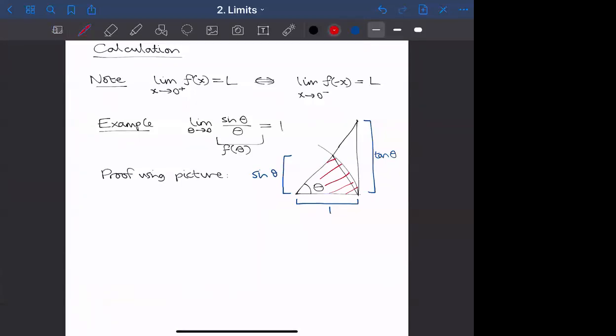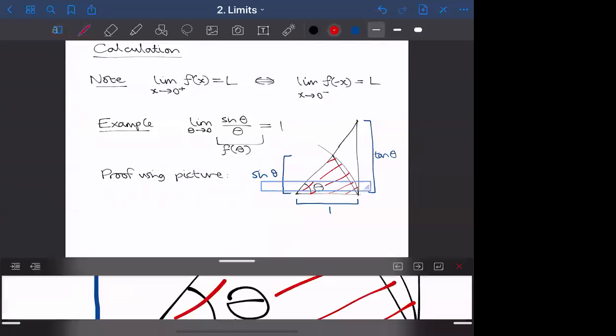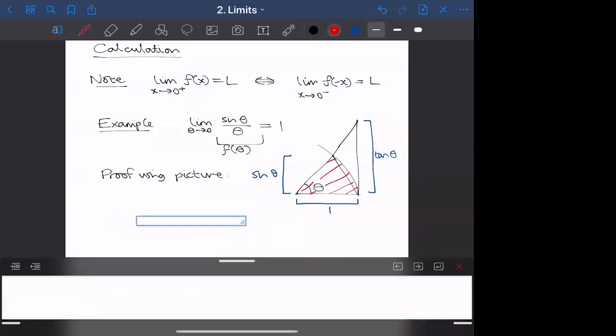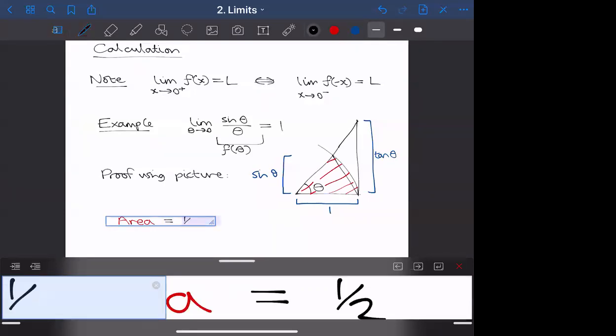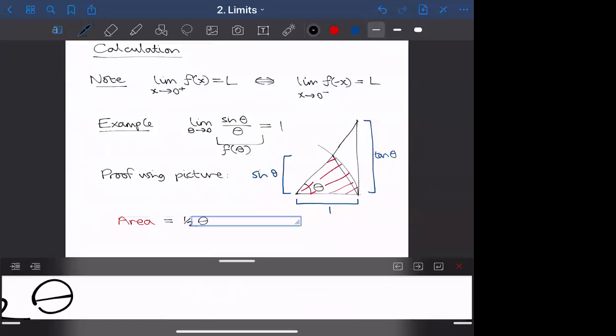Let me first calculate the area of this piece of pie. So this area is half theta r squared.